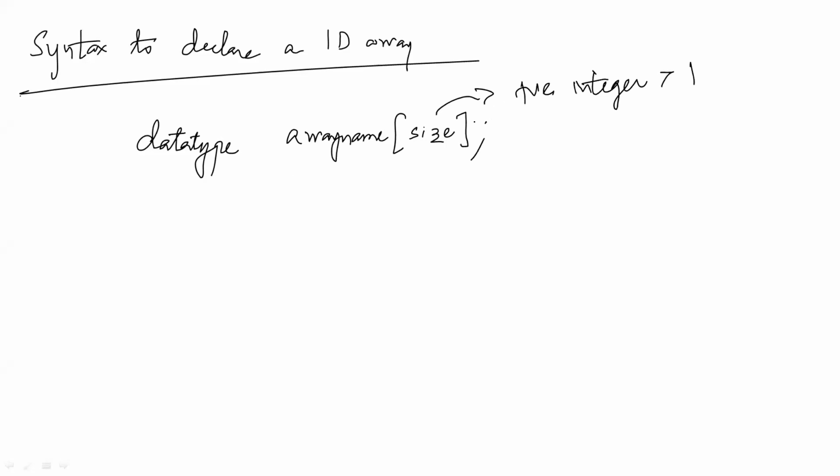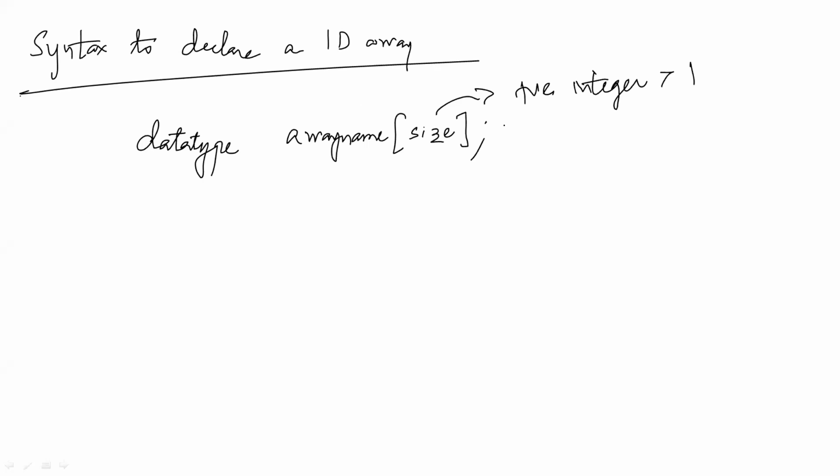Even if you don't give 1 also, that will work. If you give 1 also, there is no problem. Now, data type, array name of size. This size should better be a positive integer value greater than 1.